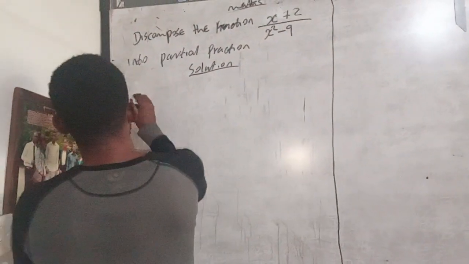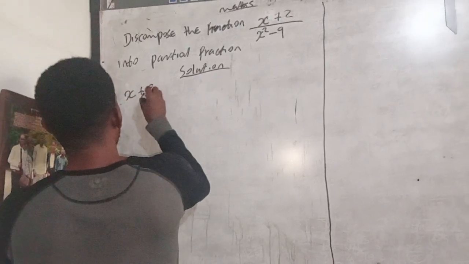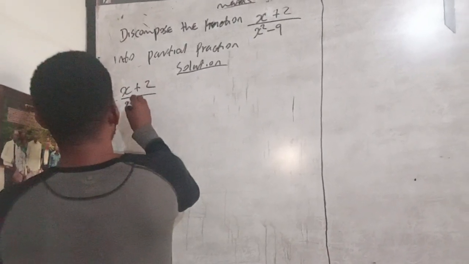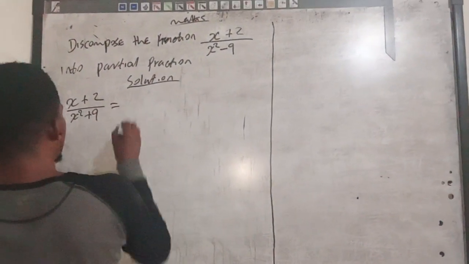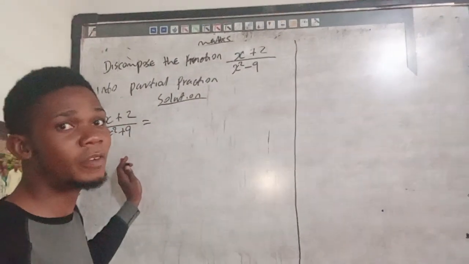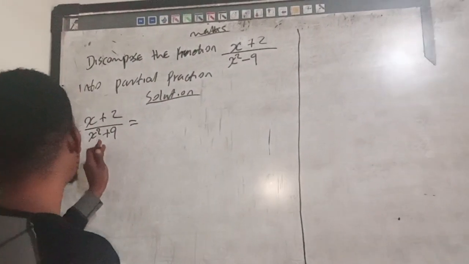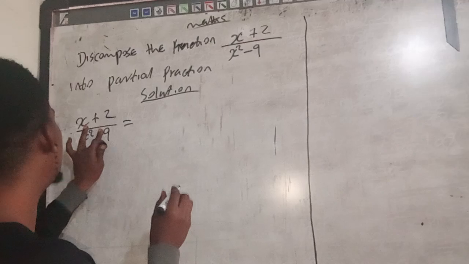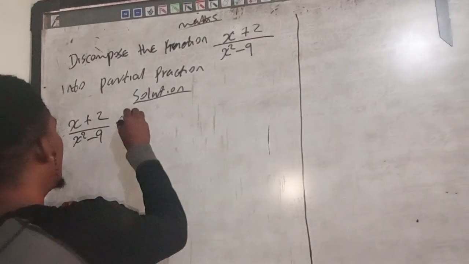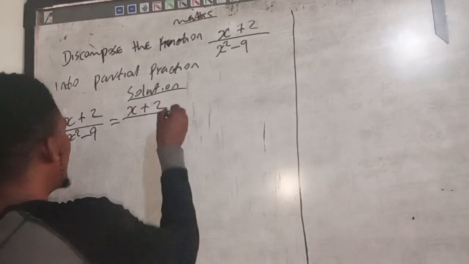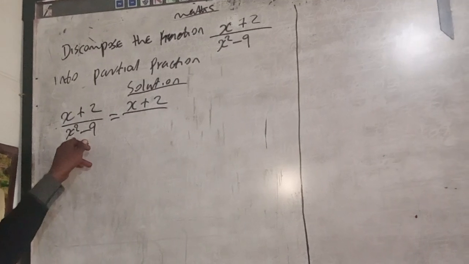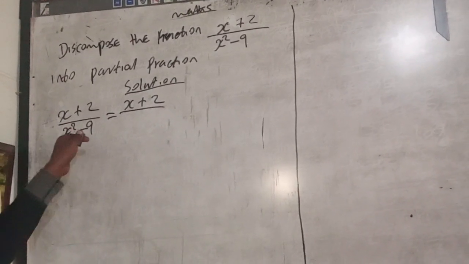So in this case, we have the solution. We have x plus 2 all over x squared minus 9, and to break this into partial fractions, this will now be equal to x plus 2 all over... Now if you look, the denominator can be factorized.